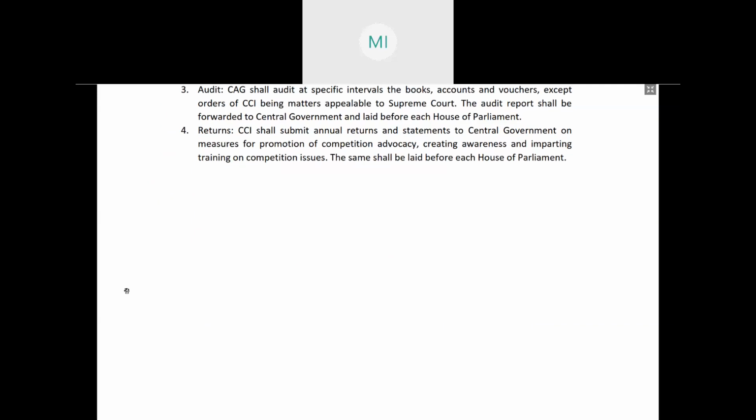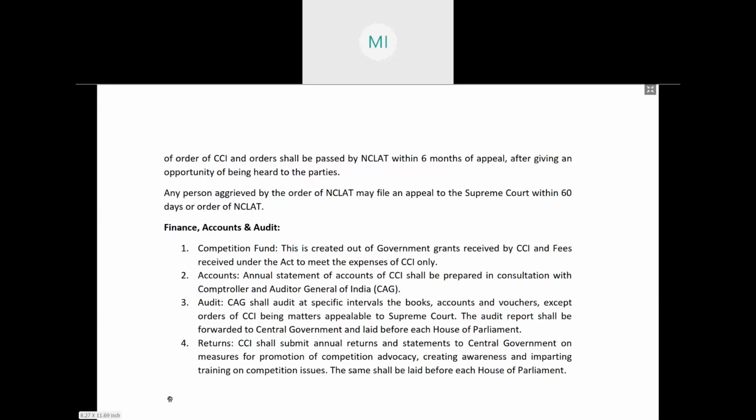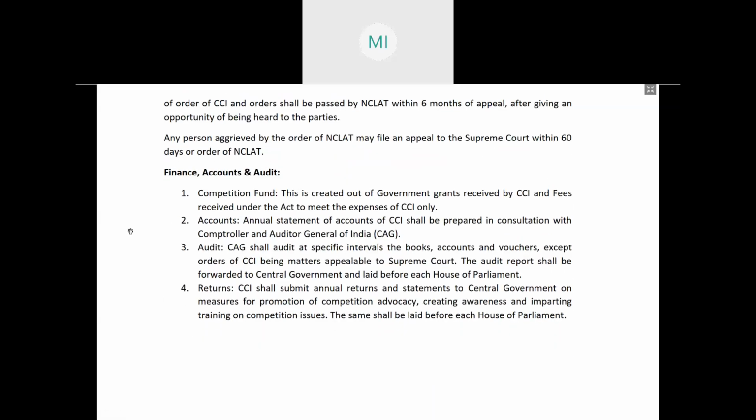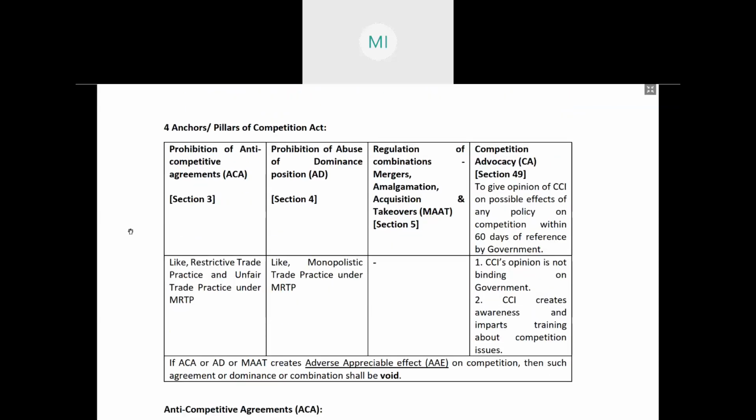So with this, the general concepts are discussed. Now we are going to the essential provisions, called the Pillars of the Competition Act, and now only we are actually going into the act. I want you to concentrate fully, because if you concentrate, it's very, very easy.